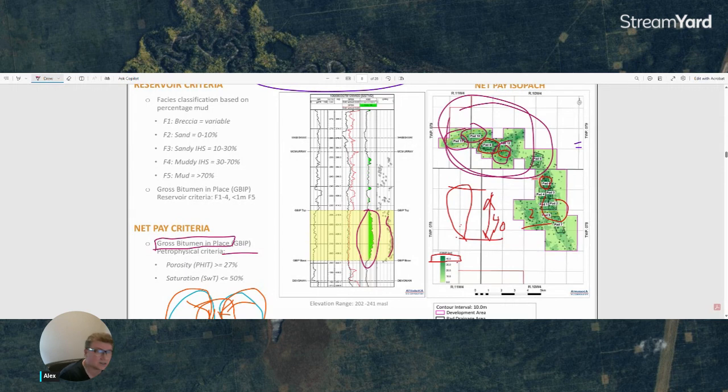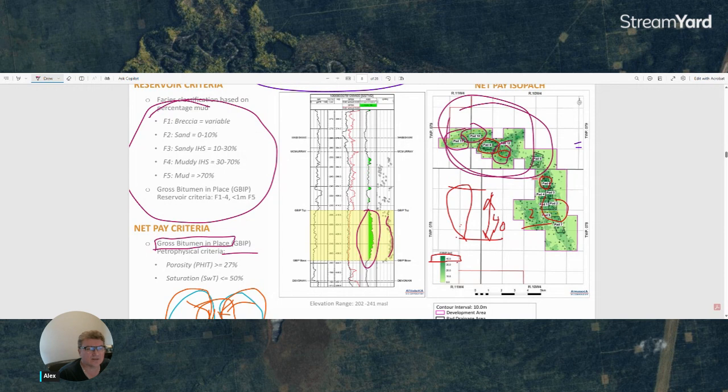So in our simulations, we're going to use very simplistic, mechanistic models. So they will not have all of those geologies integrated necessarily, but most of the geologies for all of the assets you guys are looking at will have some kind of classification based on percentage of mud.